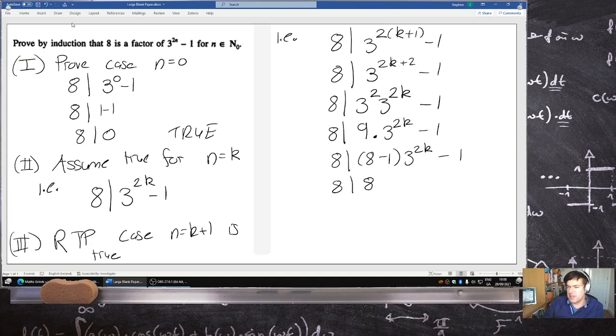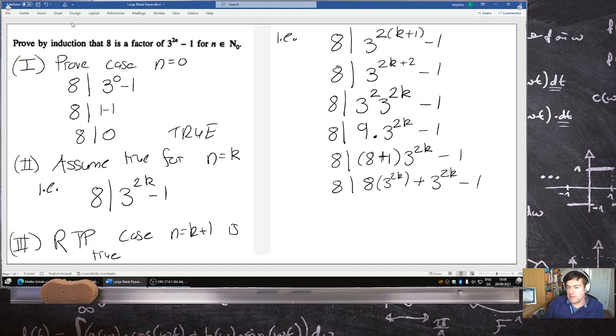why did I say minus 1? Sorry, I'm a bit tired. 9 is 8 plus 1, minus 1. 8 times 3^(2k), 8 times that, and then times 1, which will just be 3^(2k) minus 1.